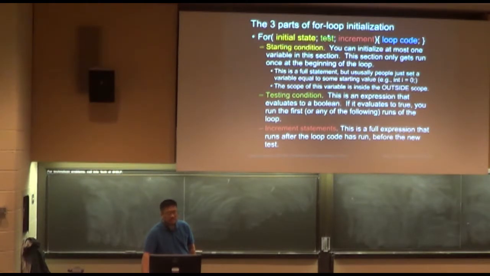It evaluates the test condition before it decides to run the body of the for loop. And finally, it increments after it runs the body of the for loop. So this increment only runs after this code has run. It's useful to know that because if you break out of a for loop, then the increment will not run, because you've broken out of the for loop and you haven't touched the increment.